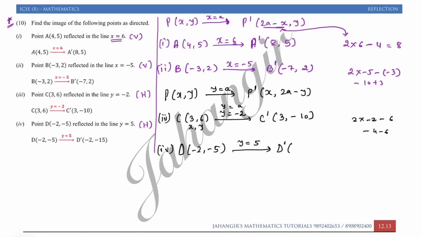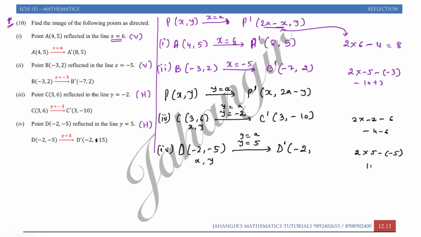So D dash will become (minus 2, 2 into 5 minus of minus 5), that is 10, minus of minus 5, so plus 5.